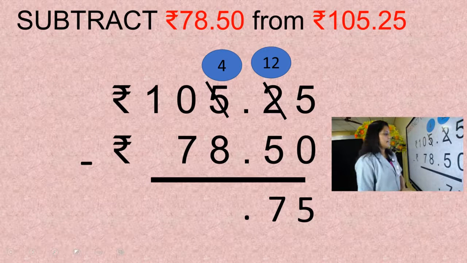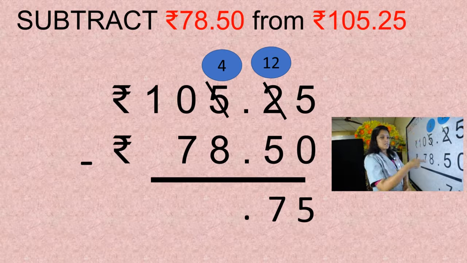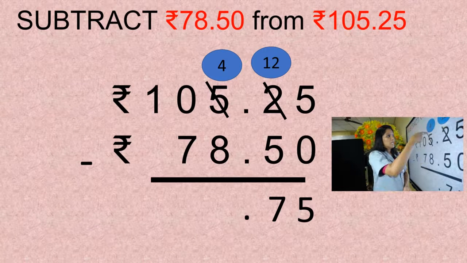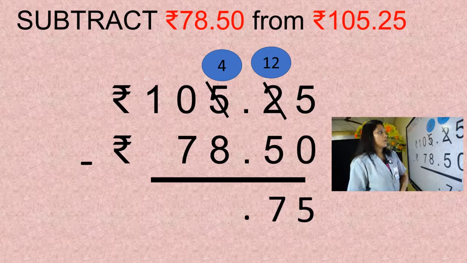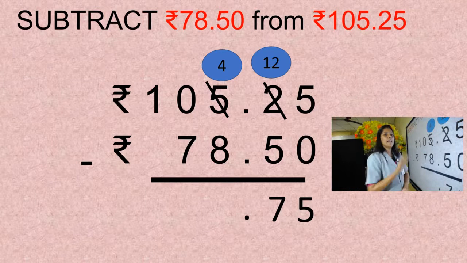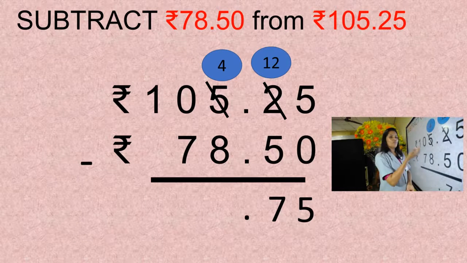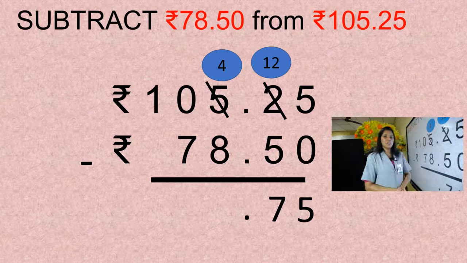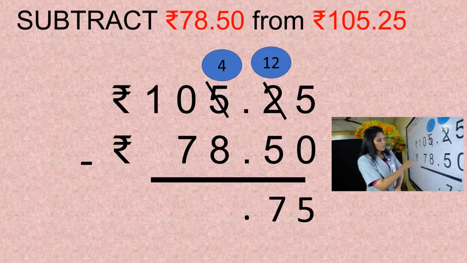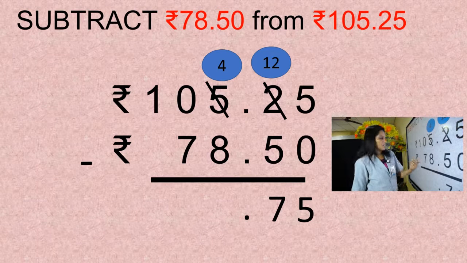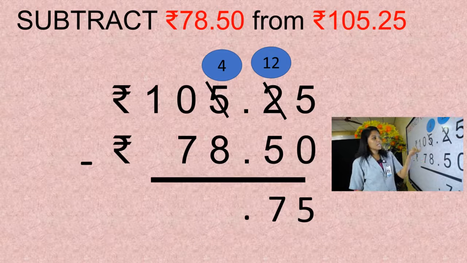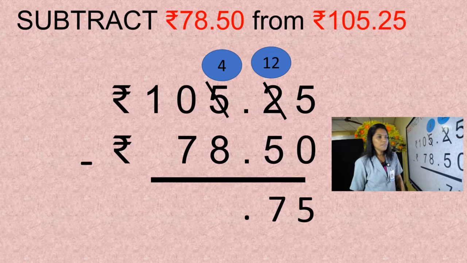Now on this side, it is very difficult to do subtraction, isn't it? We cannot subtract this big 8 from 4. So what do we have to do? Again we have to borrow. Borrow from where? Here there is 0 on this side. But we can read this number as 10, because there is no 3-digit number in the second number. So you can read the number above as 10 itself.